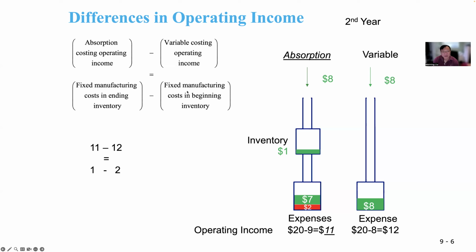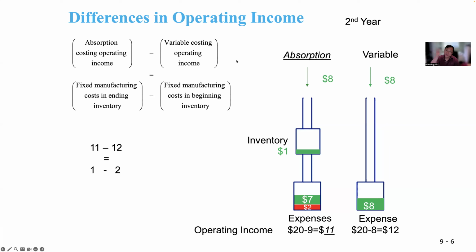Minus fixed manufacturing cost in the beginning inventory. So second year's beginning inventory is the first year's ending inventory. So that is the $2. Okay. So you can see 11 minus 12 equals 1 minus 2. So that's good, right? So this equation works. It's balanced.